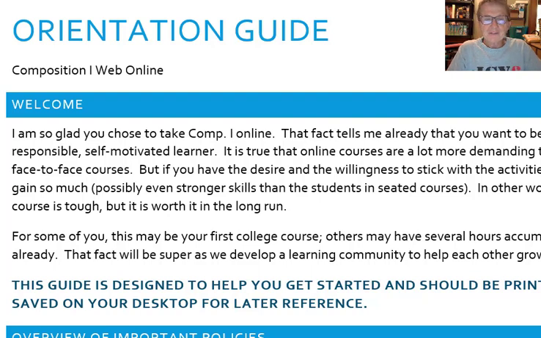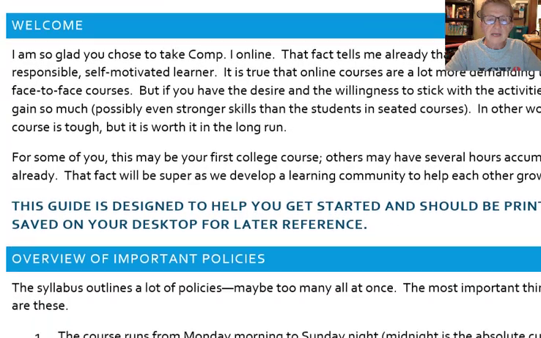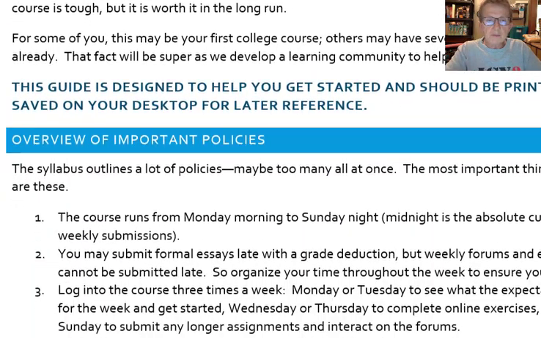At first there's a little overview just explaining the parameters of the course and some words of encouragement, I guess. And then as you scroll down the page, there will be some important policies outlined that I hope will be useful to you.